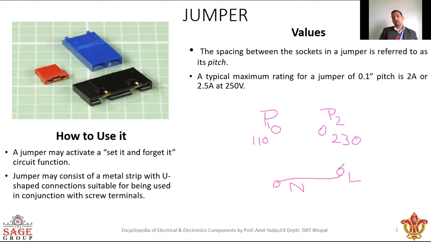When you require 110 volt, you just connect the jumper between load and phase 1. That means you will get 110 volt here. But whenever you require a voltage of 230 volt, you will just remove that jumper and connect it to this 230 volt. So for this example, I think you understand how these jumpers can be used for multiple switching. Okay.